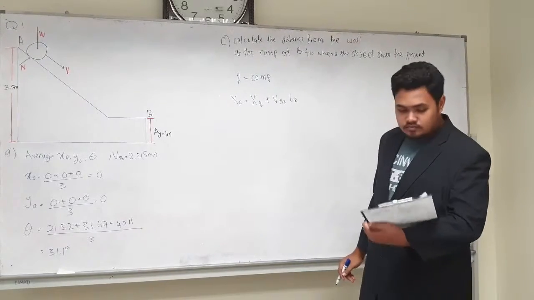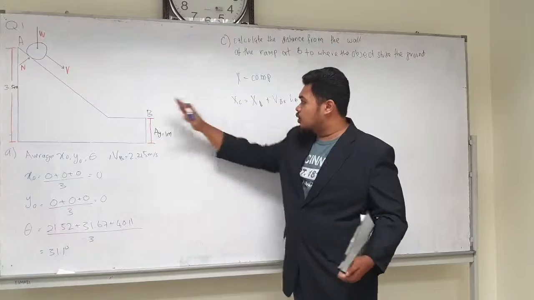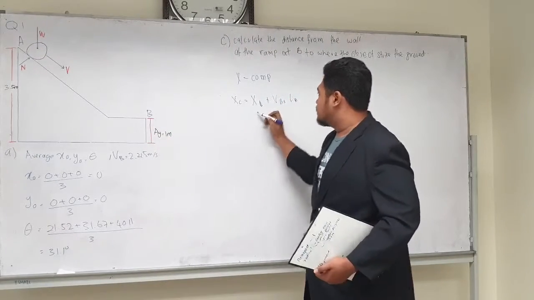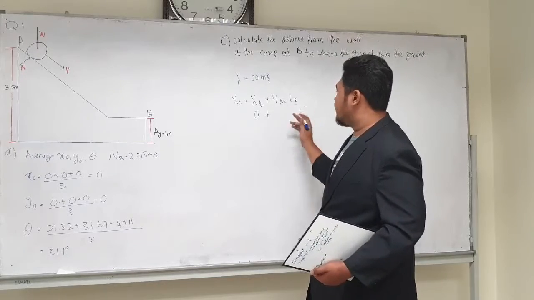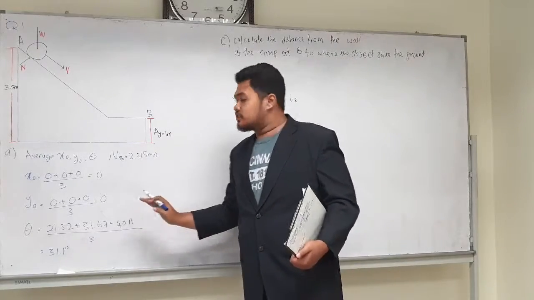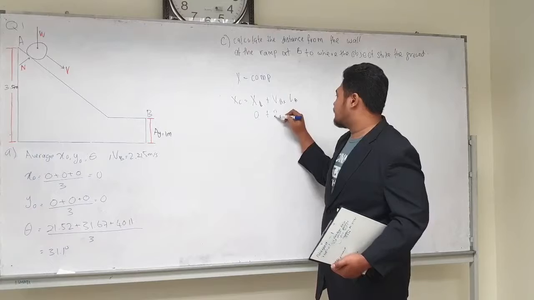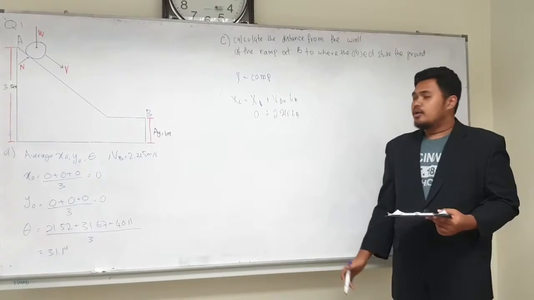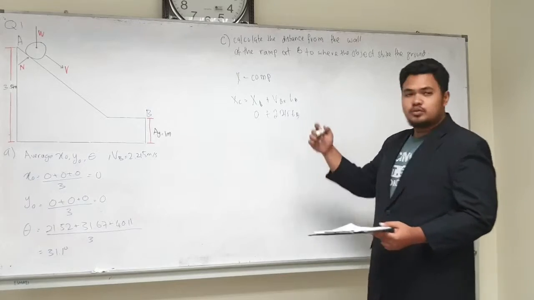As you can see, xb is 0 because there is no motion here. Therefore, it will be 0 plus vbx. The vb we already got from the initial question, which is 2.215, times tb. We have to find tb using the y component.